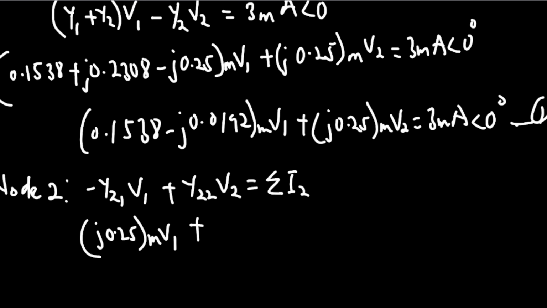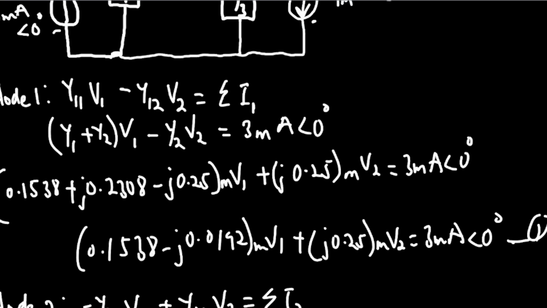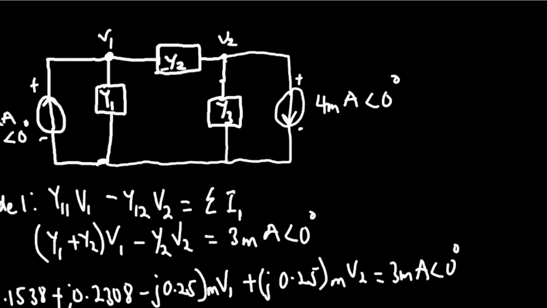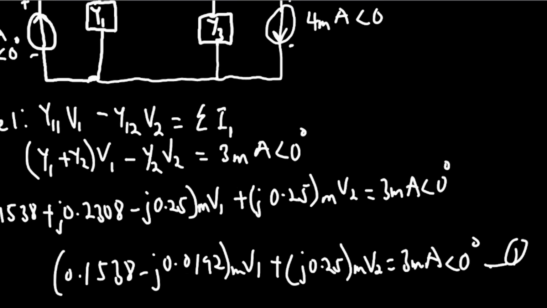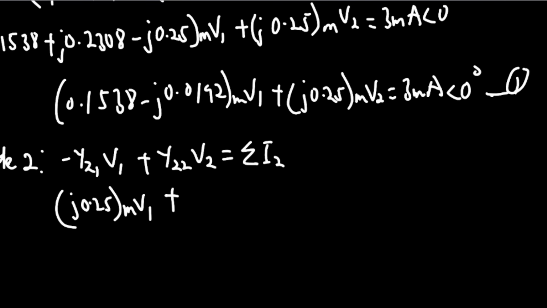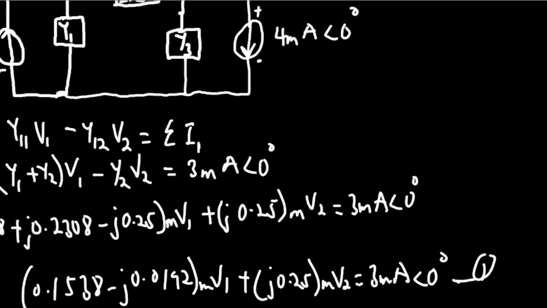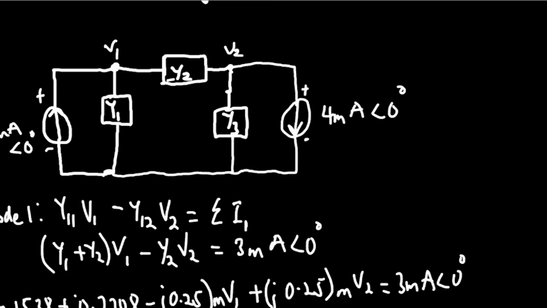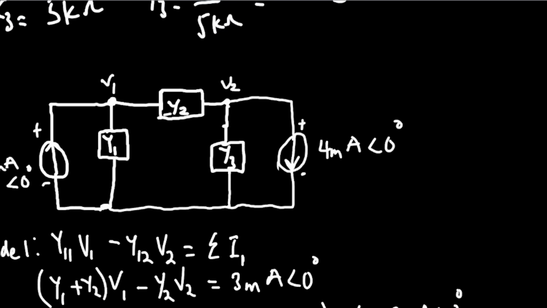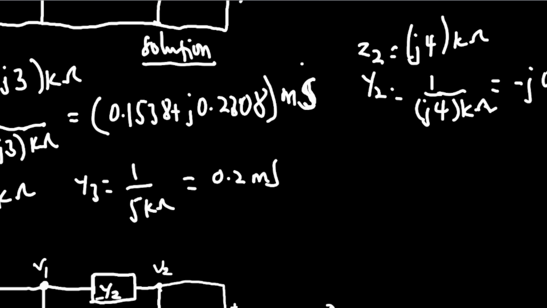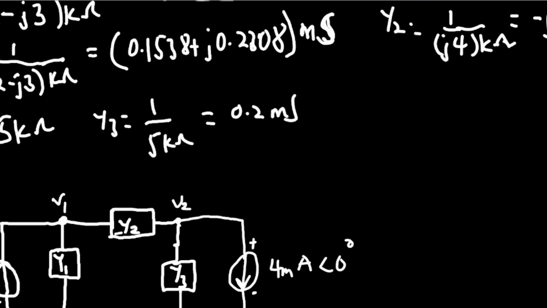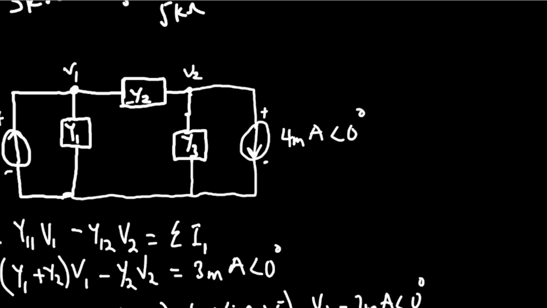Y22 is all the admittances at node 2, that's Y2 and Y3. Our Y2 is negative J0.25 millisiemens, then our Y3 is 0.2 milli.